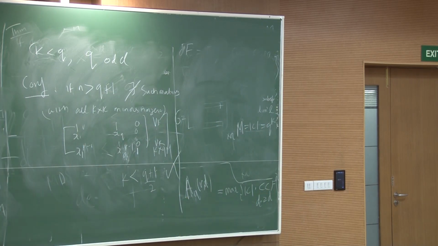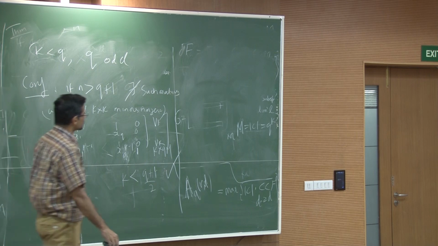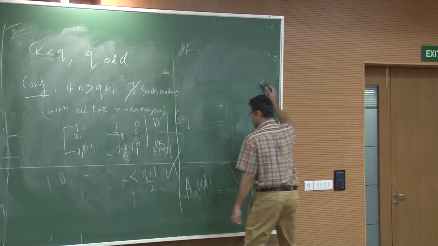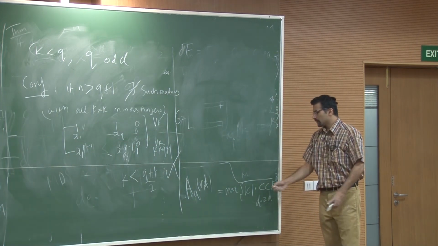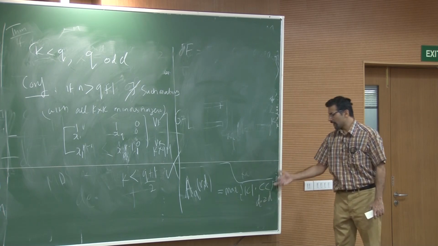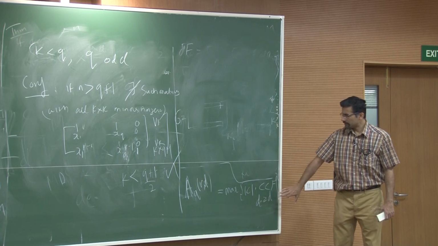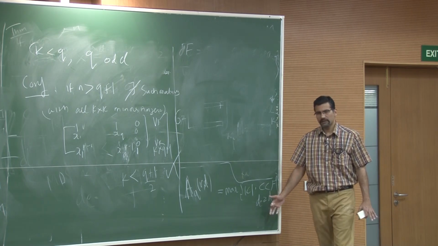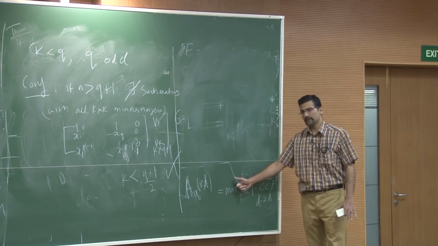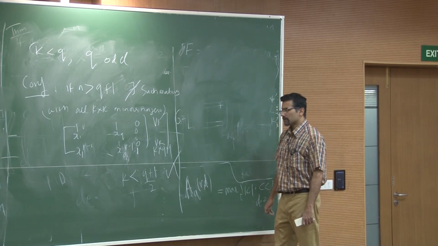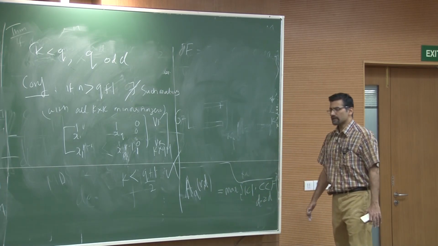So the third is analytical. Recall, we are looking at subsets of F_q to the n, which are called codes, whose minimum distance is at least d, and we are maximizing this because the question is what is the maximum possible.